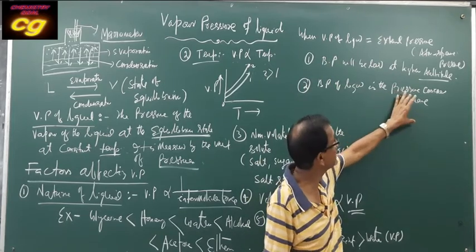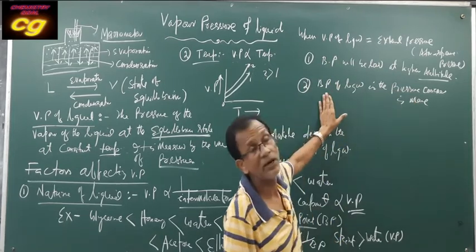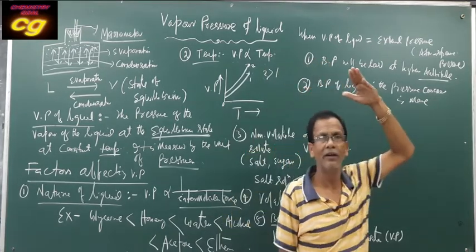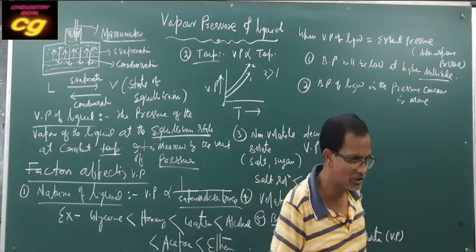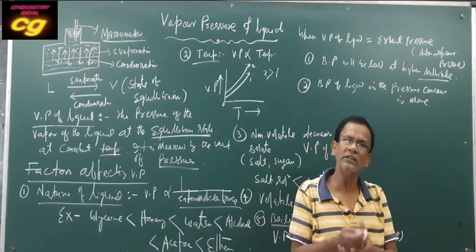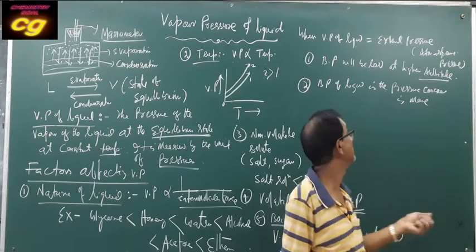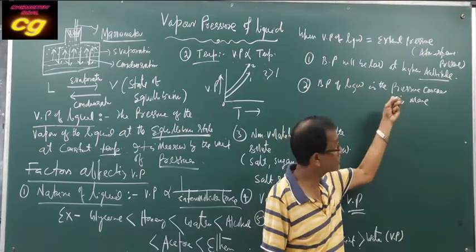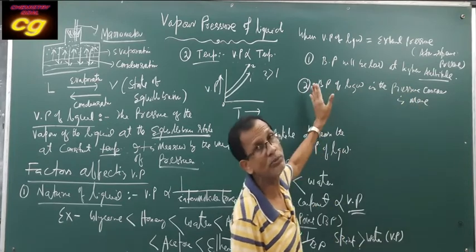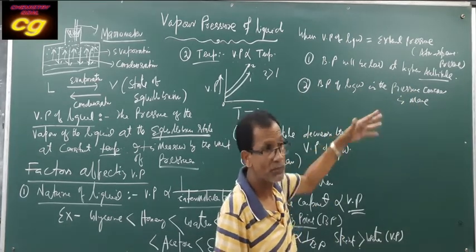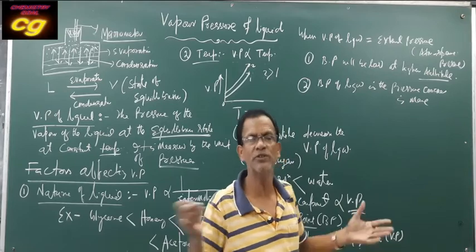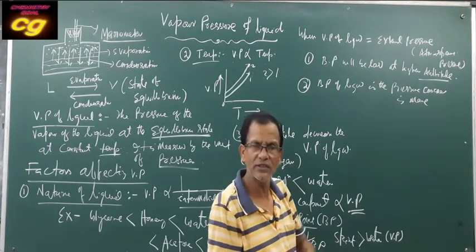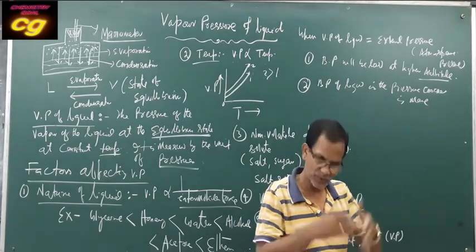When the pressure increases, automatically the temperature will be increased. Already you know the gaseous state condition: if pressure is high, automatically temperature will be high, because the container is fixed and volume is fixed. We cannot change the volume of the pressure cooker.